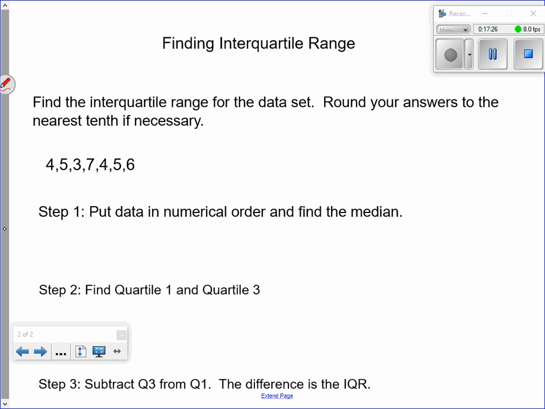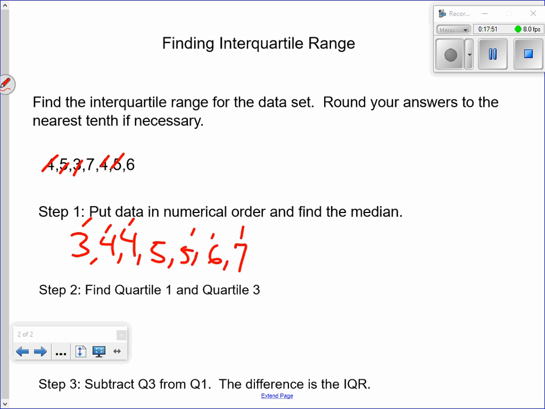So, step number 1, you put the data in numerical order and you find the median. So, we have a 3, we got 2 4s, a 4, a 4, we got a 5, we got a 5, and a 6, and a 7. And find the median. Okay, we got 1, 2, 3, 1, 2, 3, median's right there.